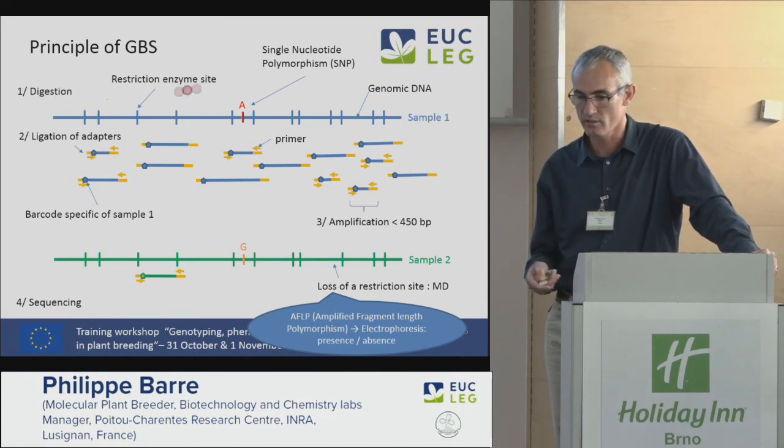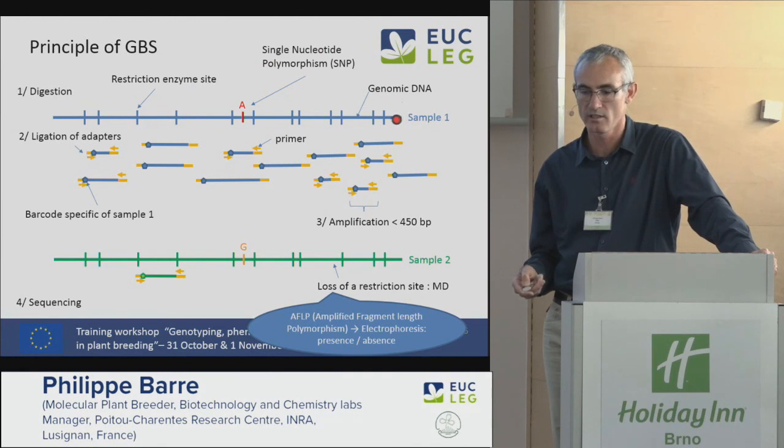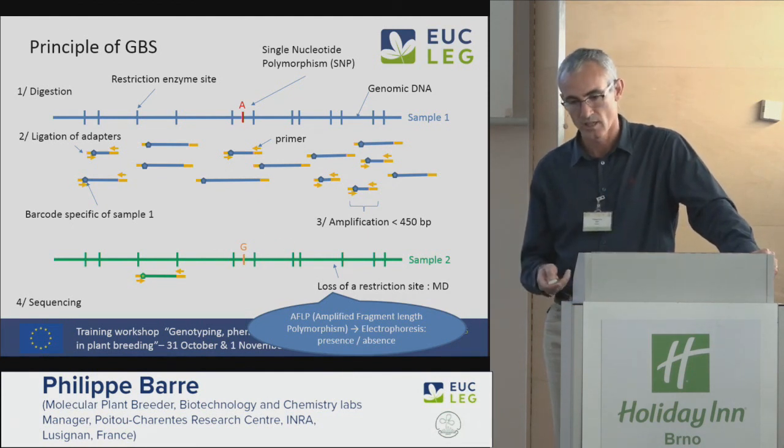This is the genomic DNA for sample one. You digest, and you have the restriction enzyme sites here, and you have one SNP here in sample one, in comparison to sample two, where you have an A and a G.